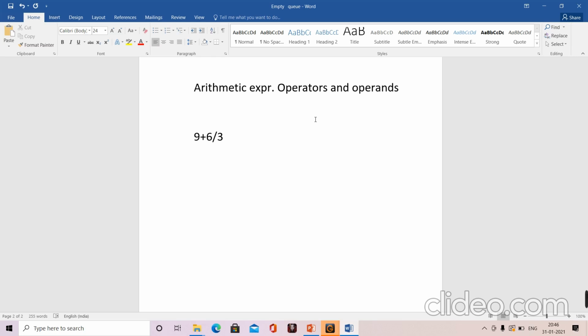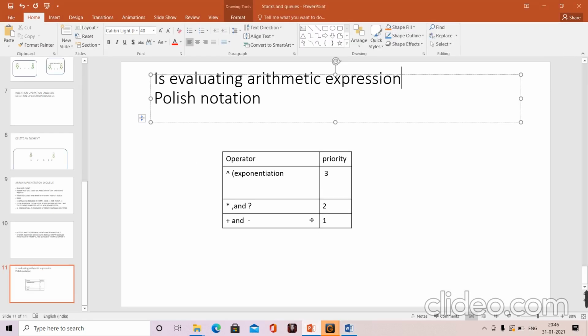So in our discussion we will take five operators, that is plus, minus, multiplication, division and exponentiation. All right. And the priorities would be like this. So these are the five operators that we are going to consider, and these are the priorities.